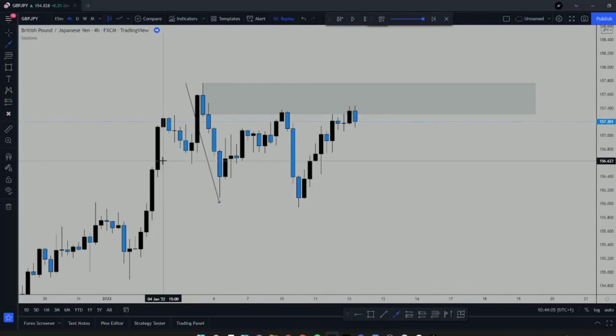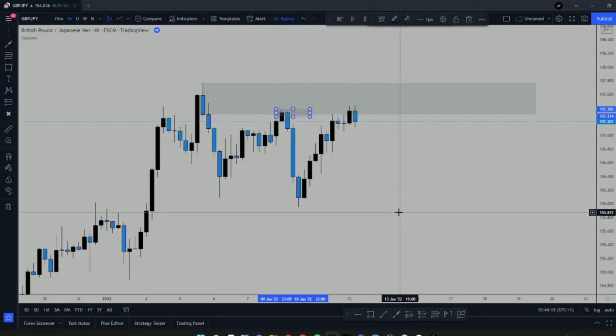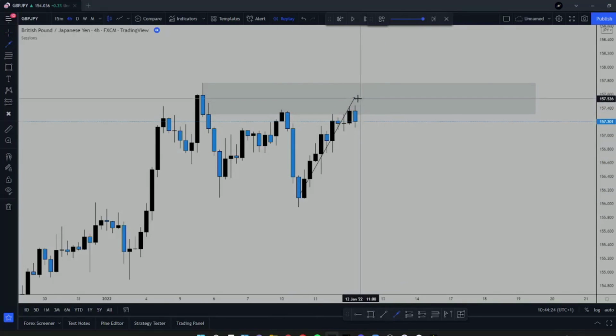We broke this previous structure, and we actually had some sort of reaction at the bottom. Basically, we know that there's a lot of liquidity above these highs. So what we are looking for is for price to go a little bit deeper into the zone, grab all the liquidity, and then have a nice reaction to this supply zone.